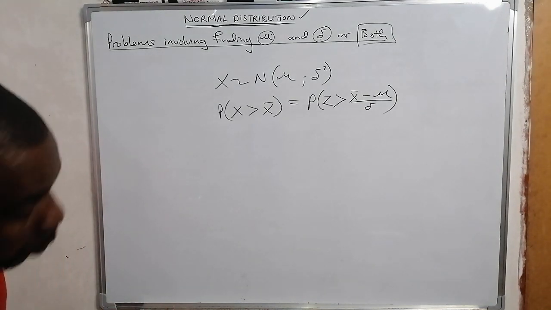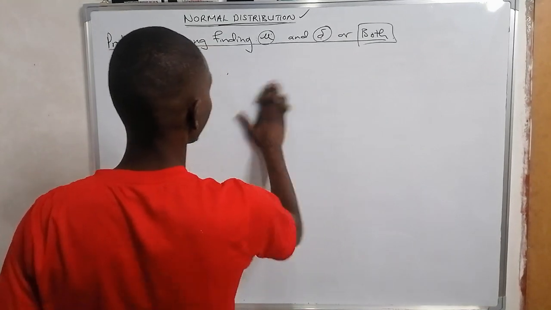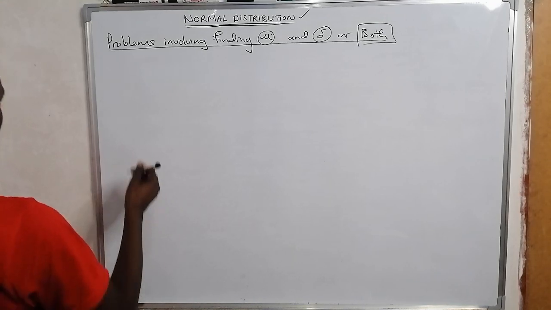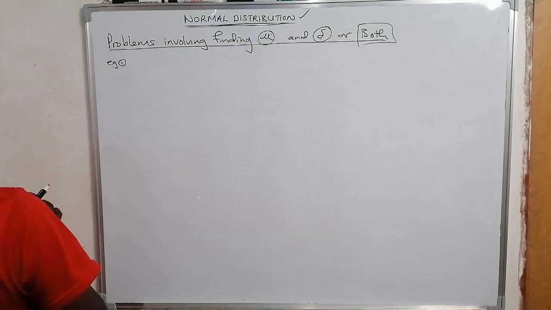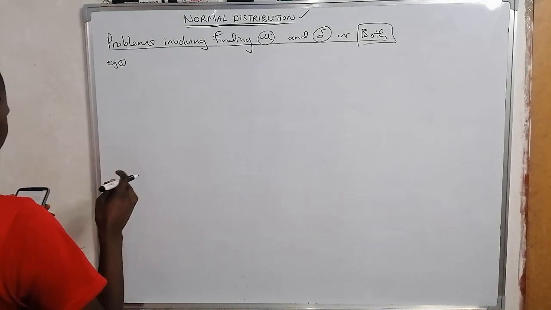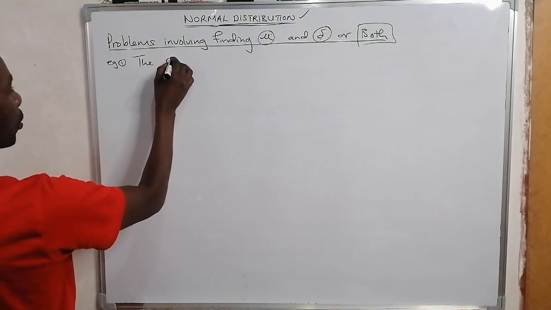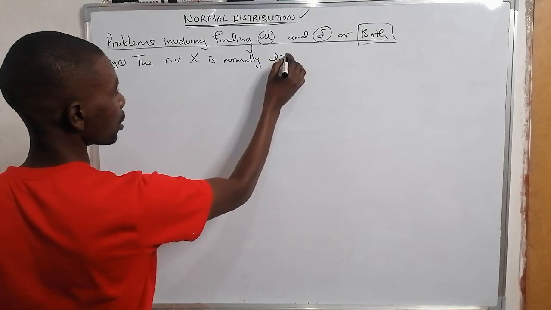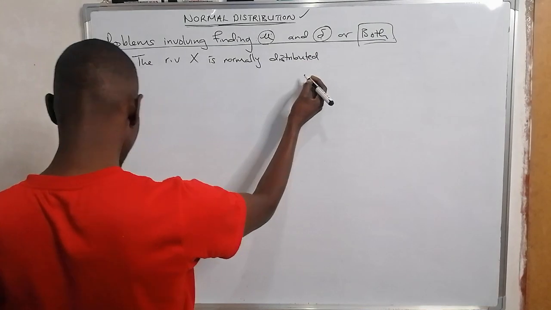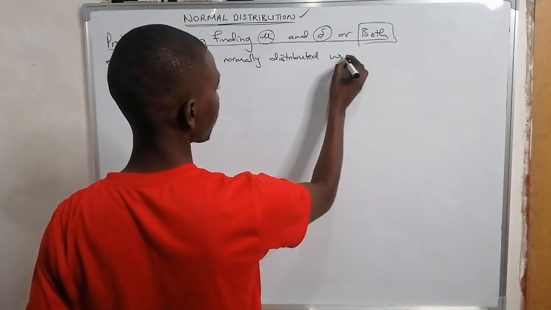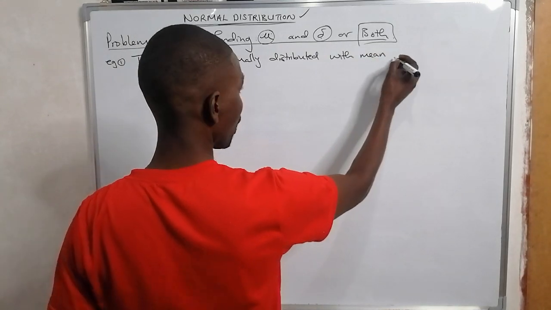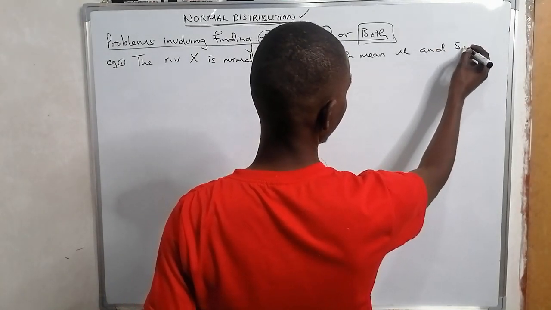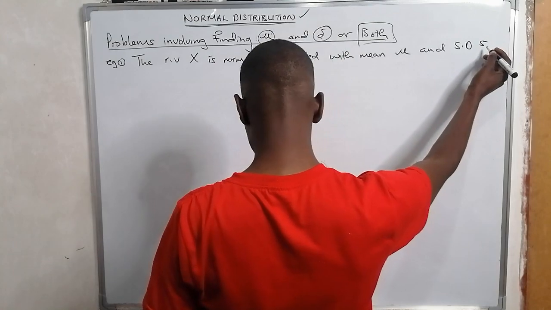Let's have an example. The random variable x is normally distributed with mean mu and standard deviation of 5.